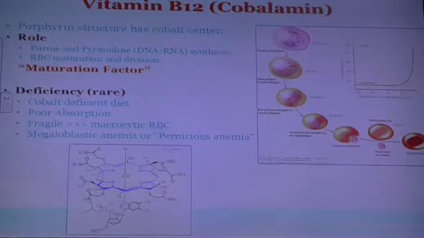That condition can cause anemia, and that type of anemia we call macrocytic anemia, because the red blood cell is bigger than the normal size. It is also called megaloblastic anemia. In humans, they call it pernicious anemia.